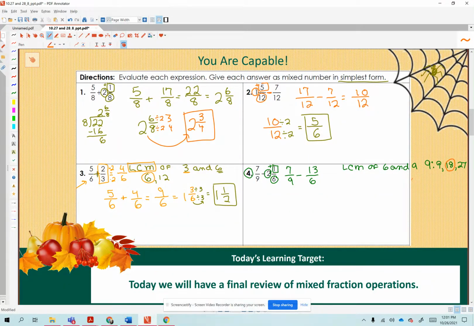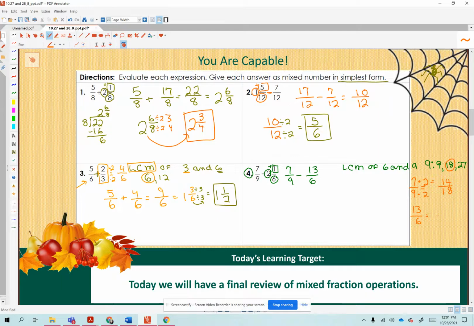So first I will convert 7/9, and then I will rewrite 13 over 6. So if I want a denominator of 18, what am I going to do to 9? I'm going to multiply it by 2, which means I will also multiply the numerator by 2. And 7 times 2 is 14, so that would be 14/18.